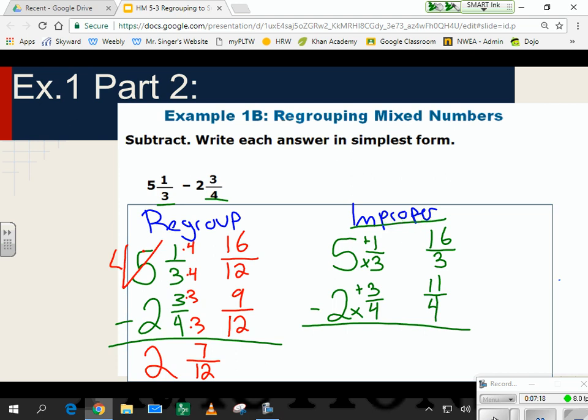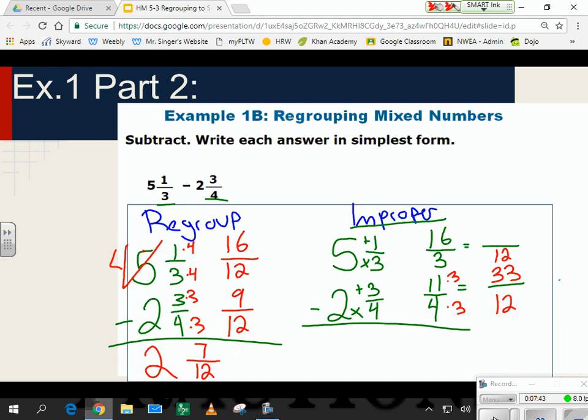Now, this may work a little easier for us. You can see we have 16 minus 11. That will work. But the problem is we still need a common denominator. So let's use the same common denominator we did in the problem to the left. 12 and 12. So again, looking at the bottom number first, 4 times 3 gives us 12. What you do to the bottom, you got to do to the top. 3 times 11 is 33.